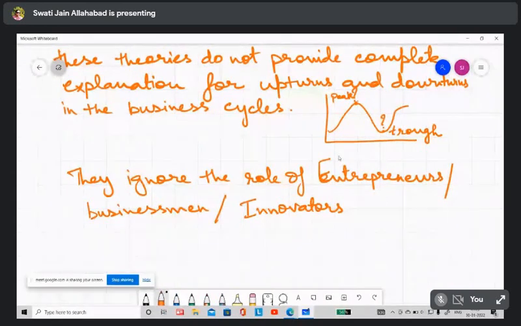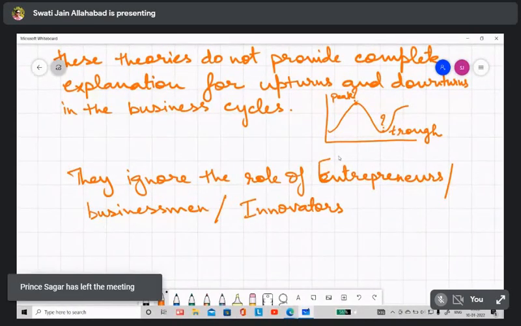So this is one of the shortcomings of this theory according to Schumpeter, because they do not explain the role played by the entrepreneurs or the innovators.